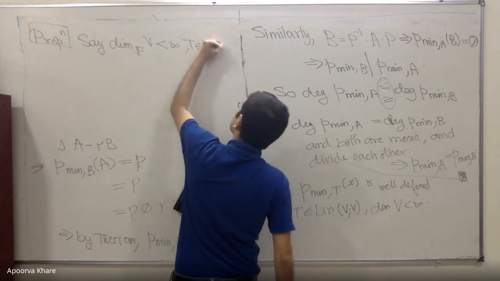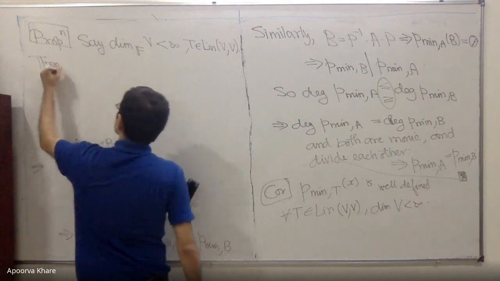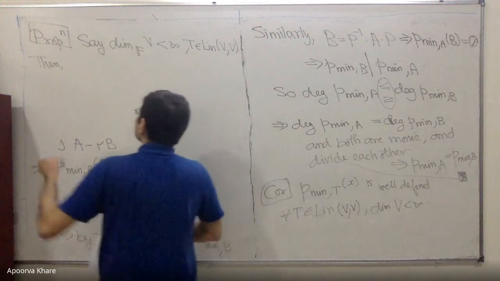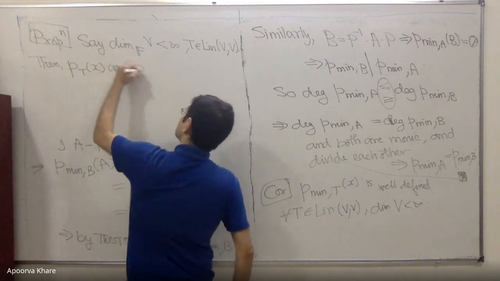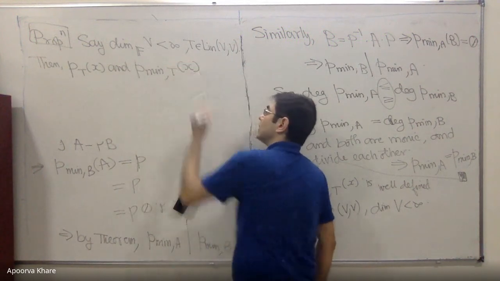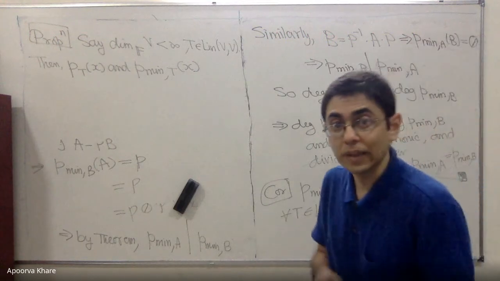So the same thing we say every single time. Then the characteristic polynomial and the minimal polynomial have the same set of roots. I'm not saying that the multiplicities are the same. That is the difference, right?